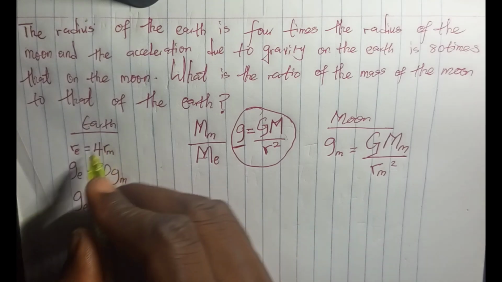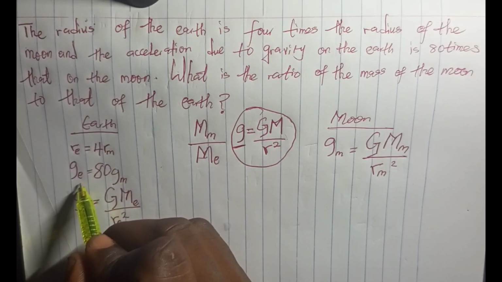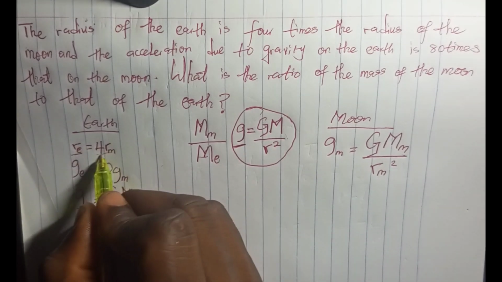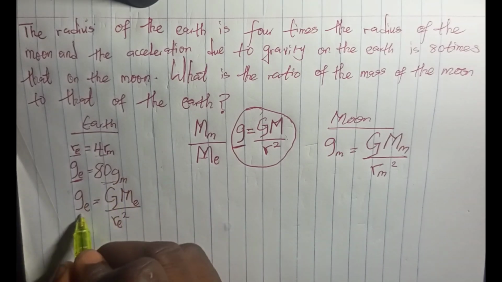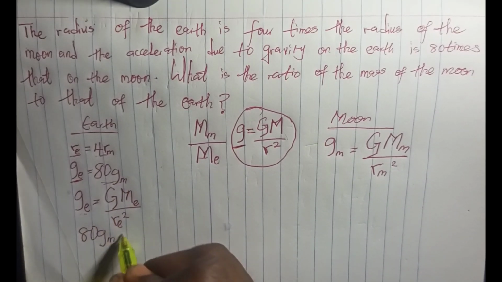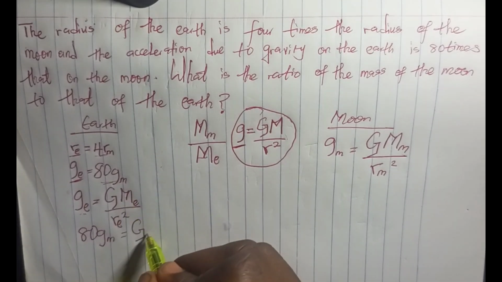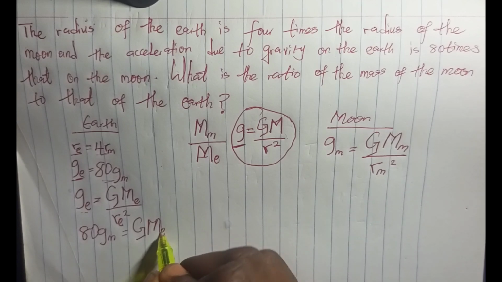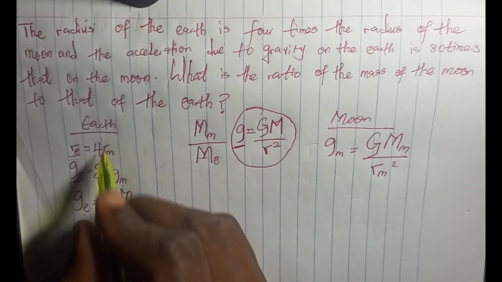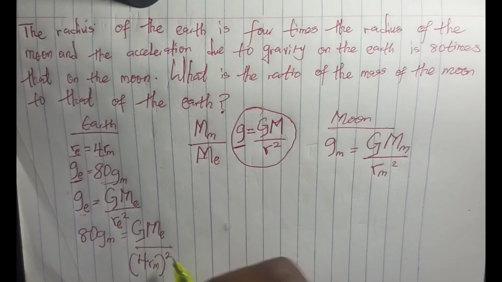Now, they gave us that the radius of the Earth is 4 times the radius of the Moon, and the acceleration due to gravity on the Earth is 80 times that on the Moon. So wherever I see R_E, we'll put this, and wherever I see G_E, we'll put this. So G_E now becomes 80 G subscript M equals the universal gravitational constant times the mass of the Earth, M subscript E, all over the square of the radius of the Earth, which is 4 R subscript M. Don't forget to put the word squared.